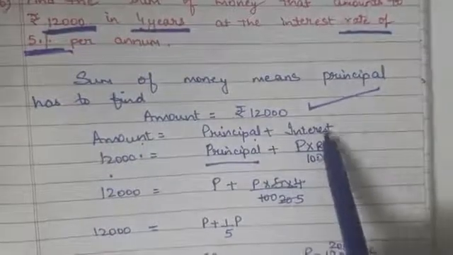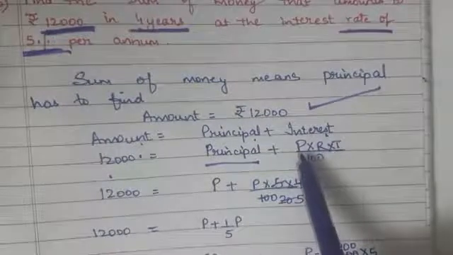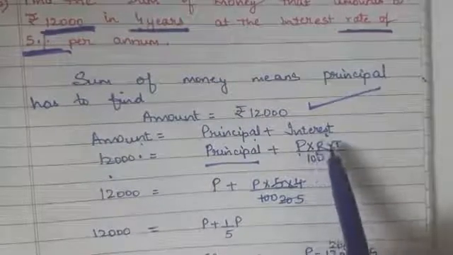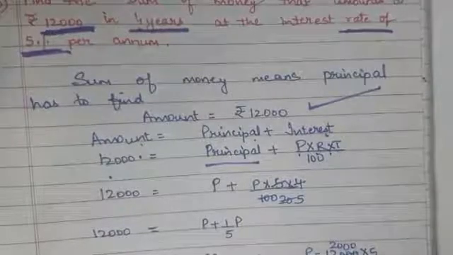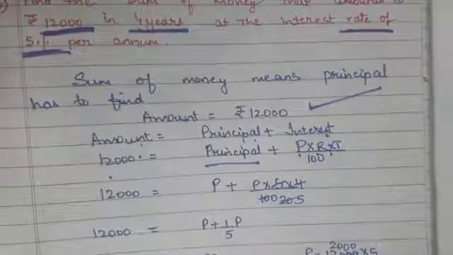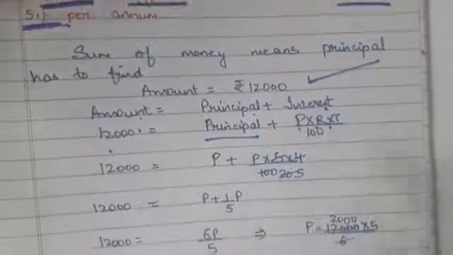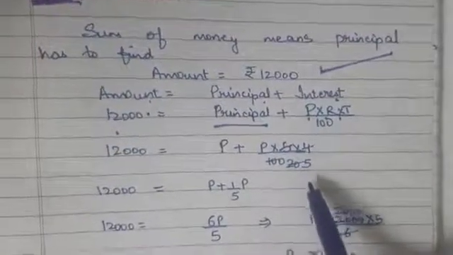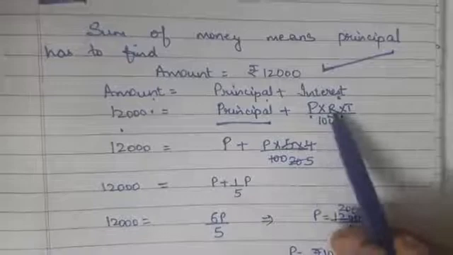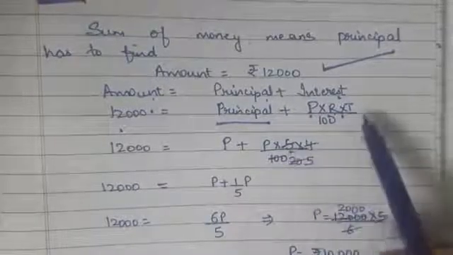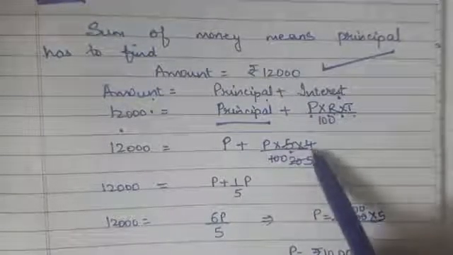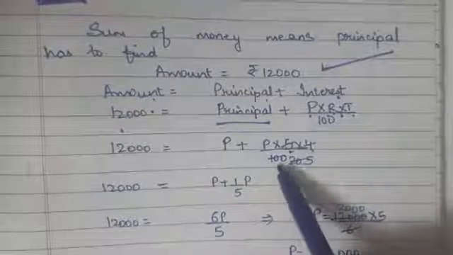And what is the formula for interest? That is principal multiplied by rate of interest multiplied by time upon 100. So now let us put the values. What is R? That is 5. What is T? That is 4 upon 100.